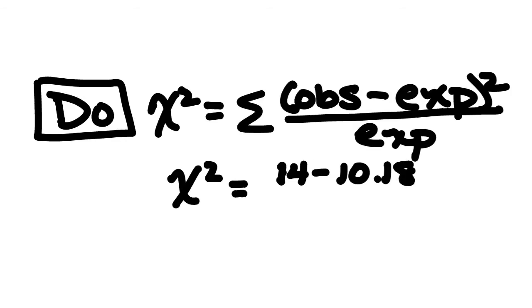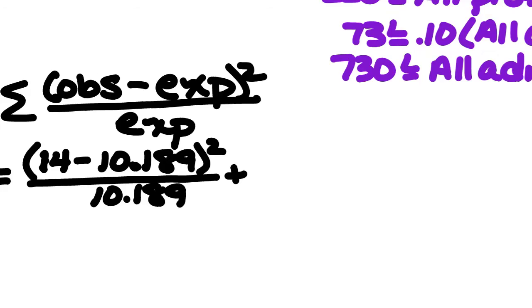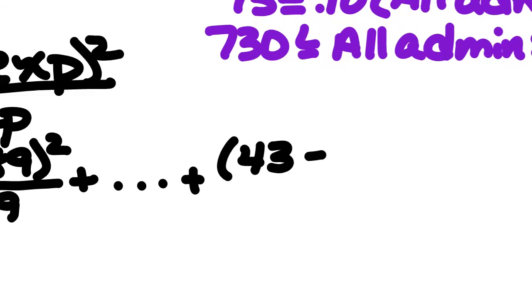We expected 10.189. Plus dot, dot, dot. And then do my last one. We observed 43 of the admin support staff preferring Pepsi. We expected 39.189.